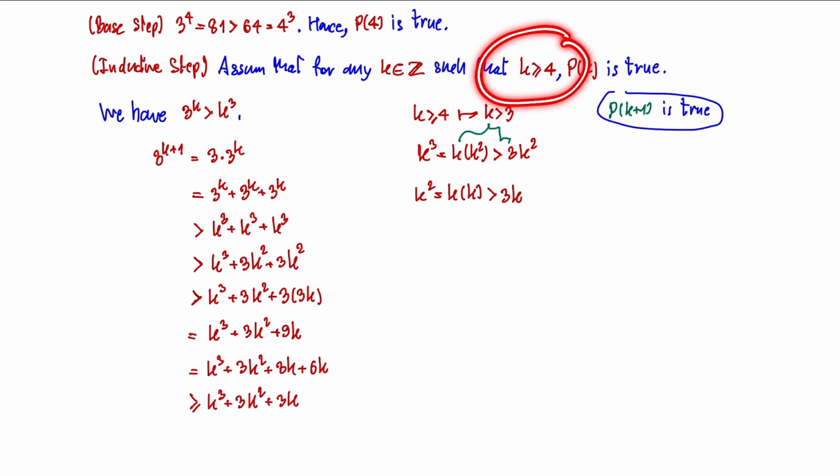Because k is greater than or equal to 4, this term 6k is going to be greater than or equal to 6 times 4, because k is greater than or equal to 4. That's the reason. So we have 6 times 4.